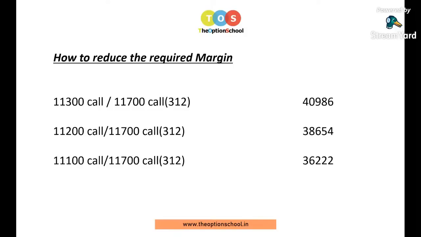If you're coming nearer to the market, I don't know whether there is a calculation error in this. I should have loved it if 11,100 is 40,000 and 11,300 is 36,000. Maybe I'll need to check it, and I will confirm it in the comment section, right?